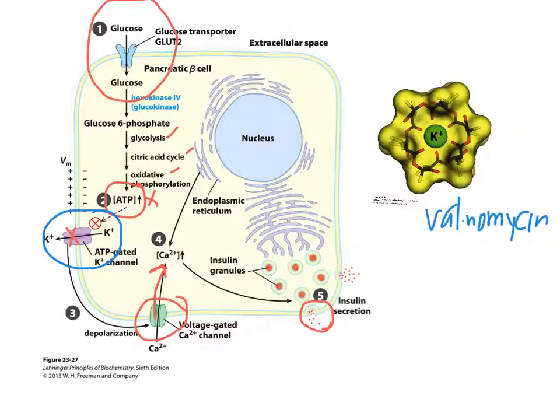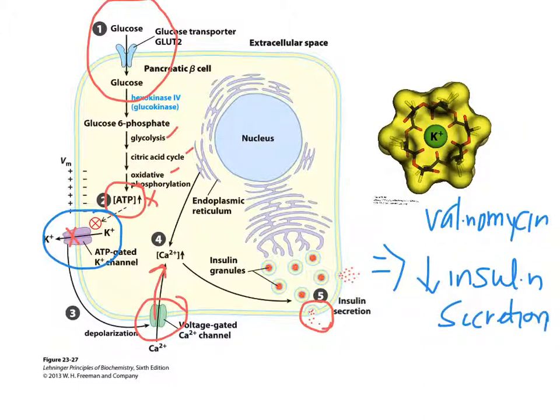So if we were to add valinomycin, what we would then expect is to have a decrease in the secretion of insulin, because it will essentially have the same effect as opening that potassium ion channel. So that about wraps it up and summarizes everything you need to know about membrane transport.